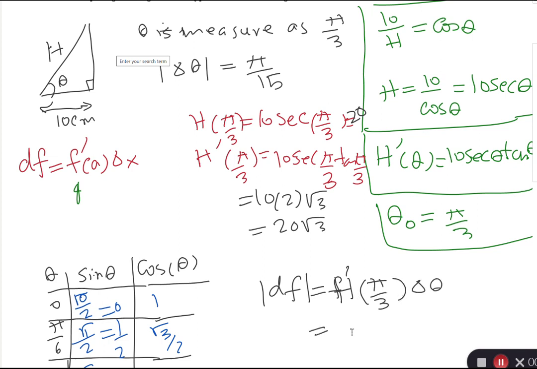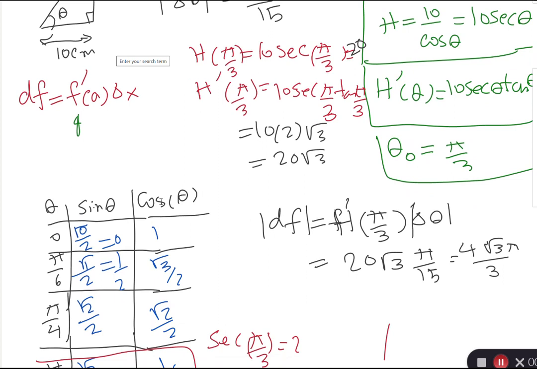And h prime at pi/3 is 20 square root of 3. The absolute value of delta theta is pi/15, and this cleans up to 4 square root of 3 pi over 3. So that's the absolute error.